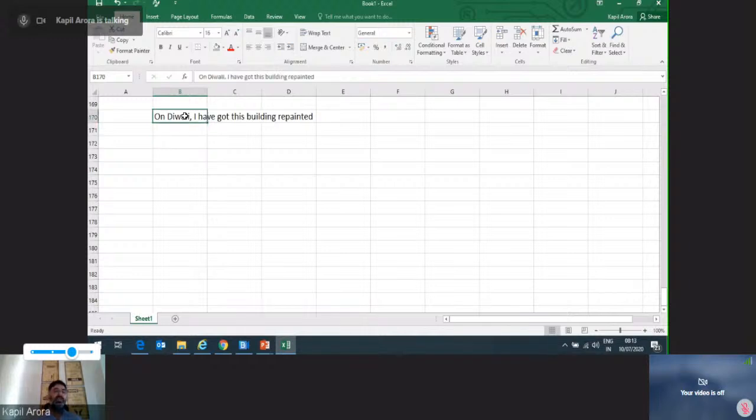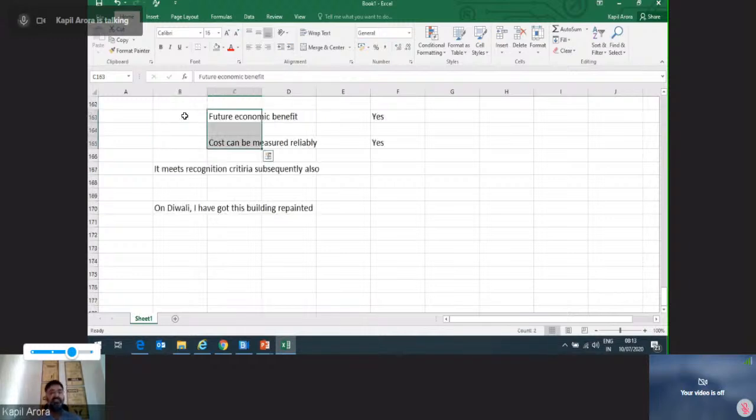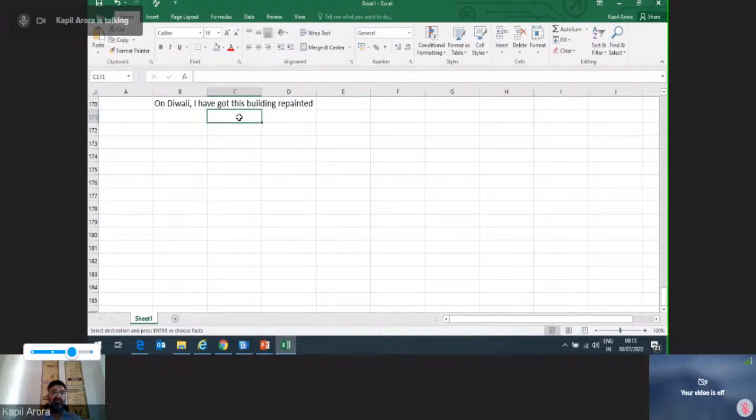Now the question comes up again. If I got this repainted, I know what is the cost because I have paid the amount. But what about the future economic benefit for the repaint work which we have done?